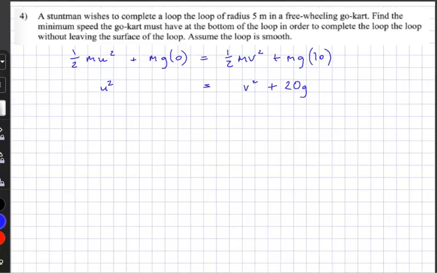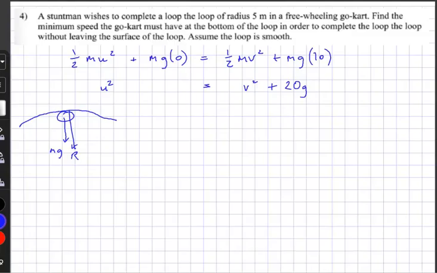This is where looking at the forces comes into play. As I said beforehand, we need the reaction from the surface onto the object to be 0 or greater than 0. Once it becomes 0, we have a problem, but let's assume we're just at the point where it's just about 0, at the top.